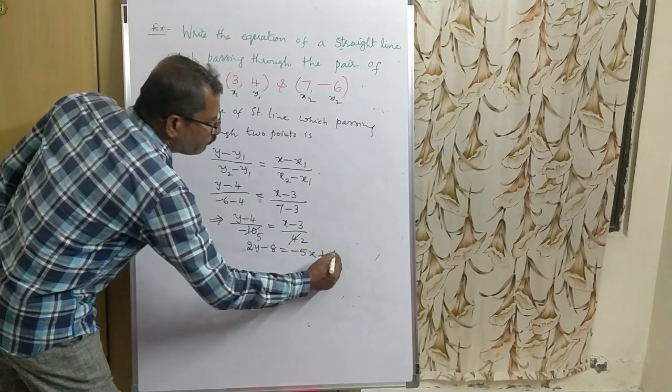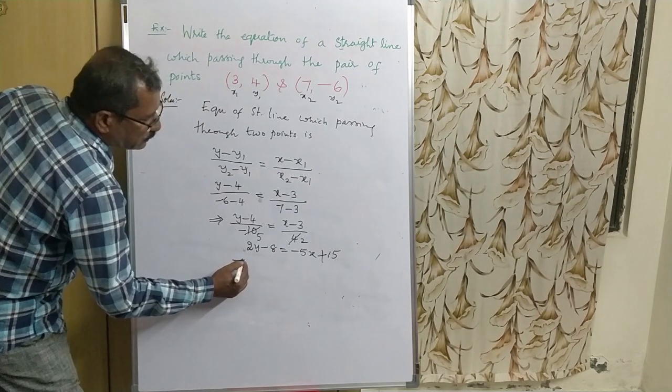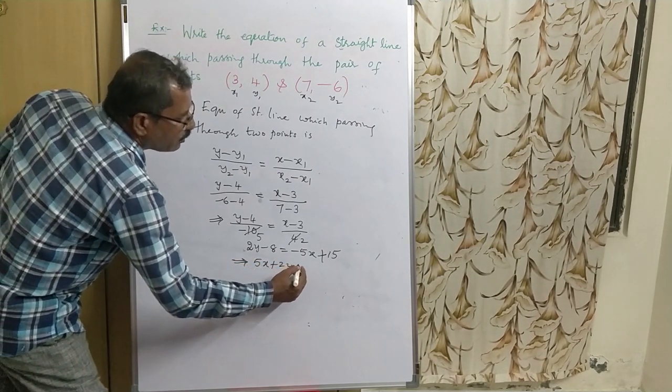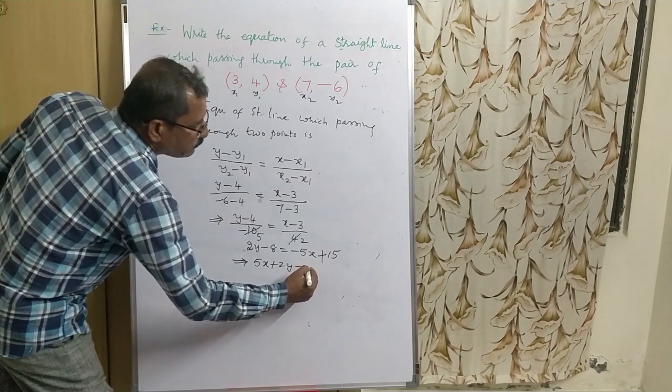This gives us 5x plus 2y minus 8 minus 15 becomes minus 23 is equal to 0.